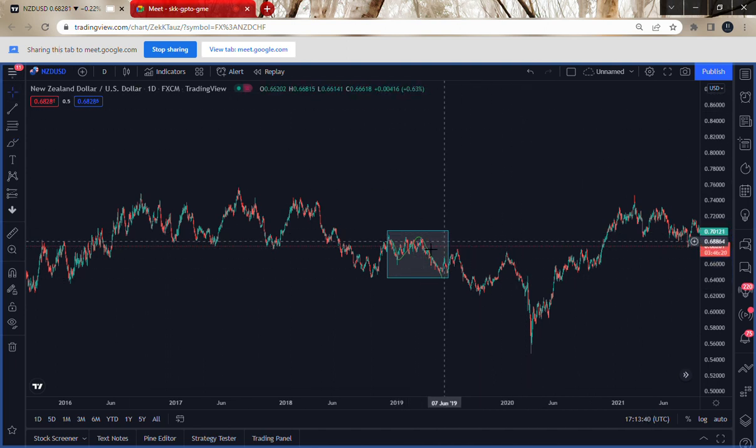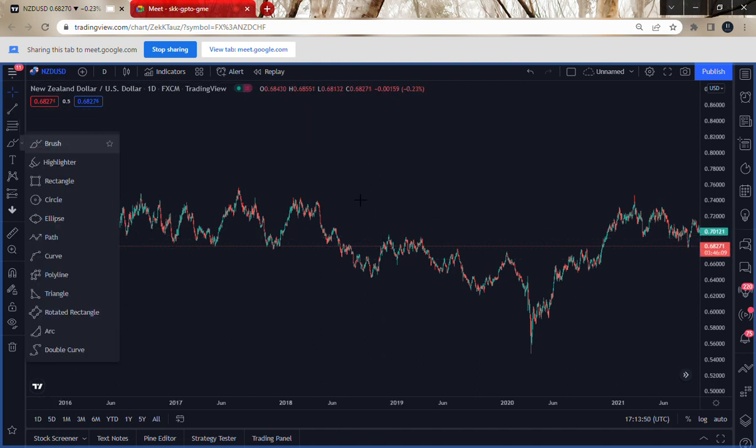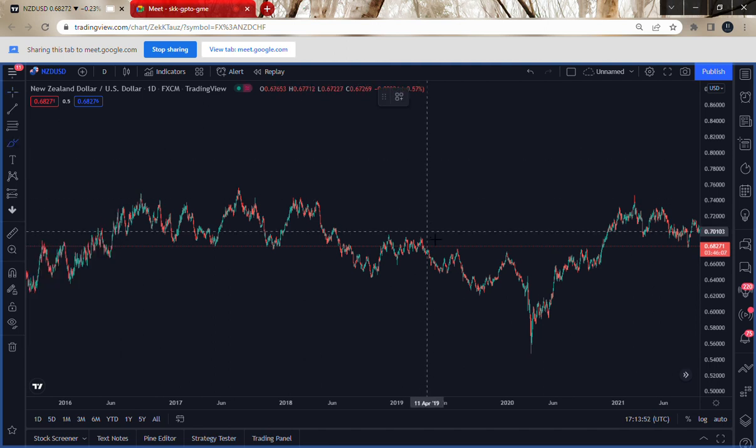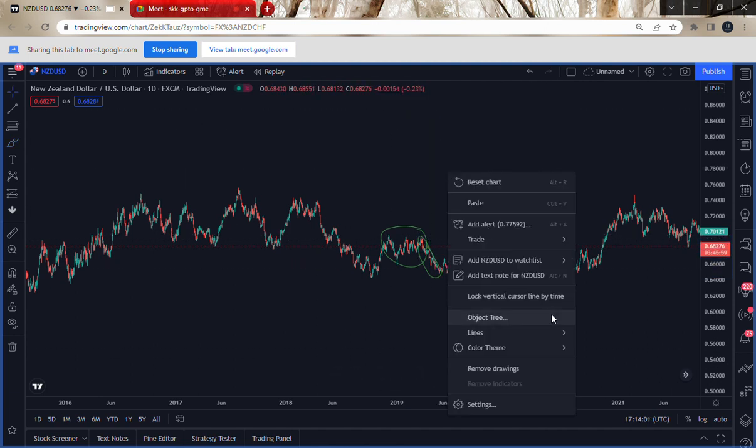So it means that our analysis now, let me just remove this, our analysis now will be looking at this correction, right? We'll be looking at this correction so that we get this impulse, because we want to get an entry for this impulse, right?